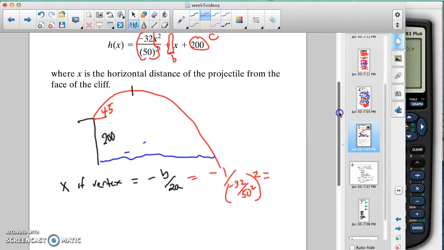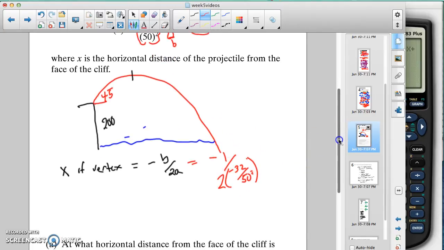And, oh, this is not squared down here. This is 2 times a, sorry. In the formula, I'm squaring that when this is actually 2a down on the bottom. Okay, so we're going to take this minus b over 2a and we're going to compute that value.